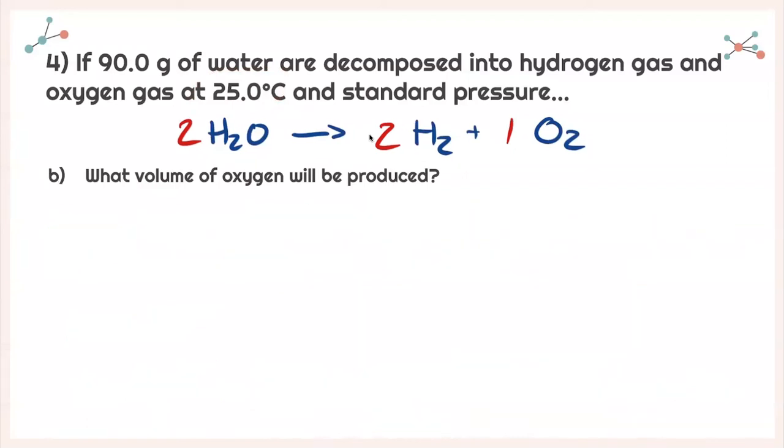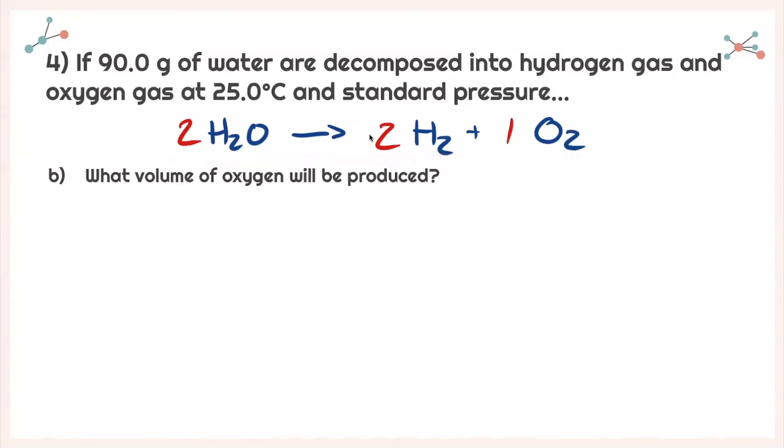For part B, it asks, what volume of oxygen will be produced? You can go ahead and do all of the calculations very similar to part A. However, let's take a different approach to this. We saw that for 2 moles of hydrogen gas, it was 122 liters. And again, our balanced chemical equation is a mole ratio.